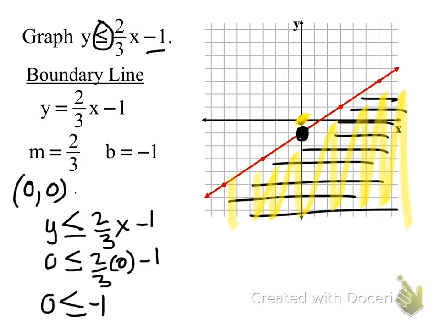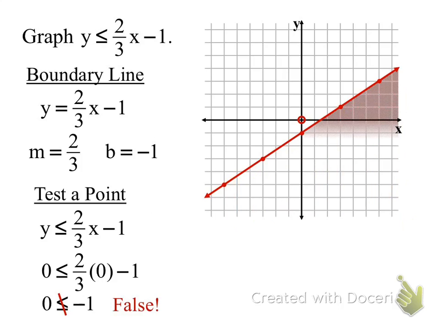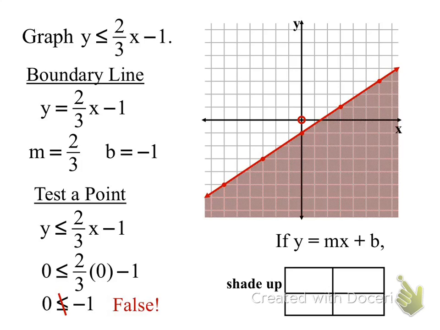To shade down, the less than or equal to should be touching the y if it's solid. A dashed line touching the y would shade up if it's greater than. A dashed line shading down would be less than touching the y.